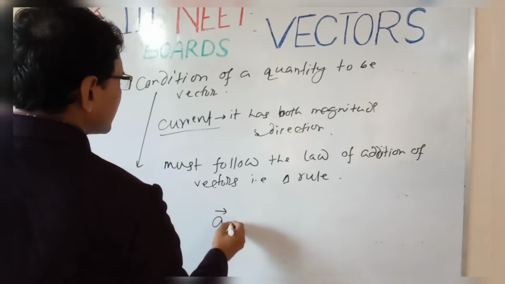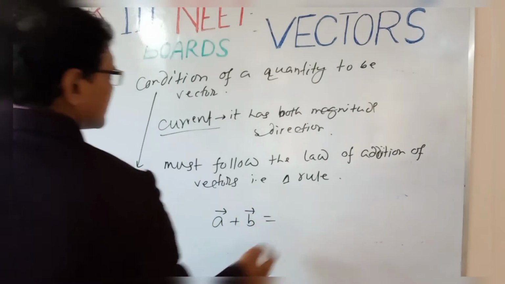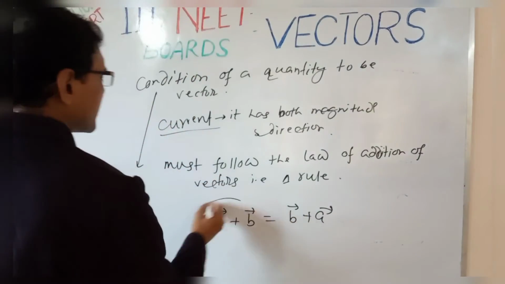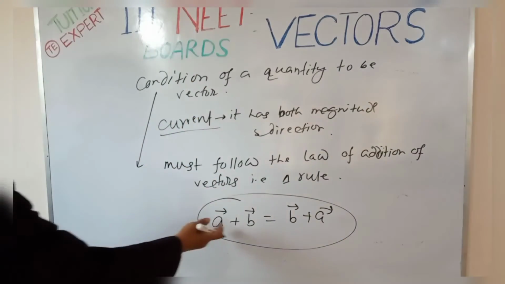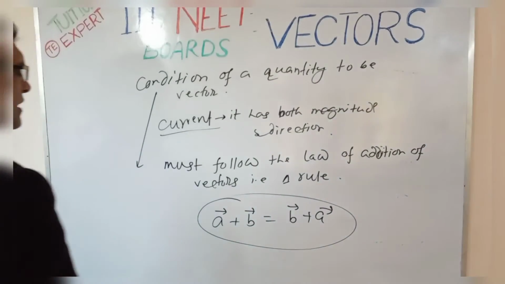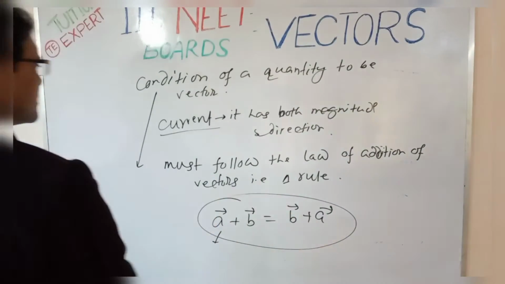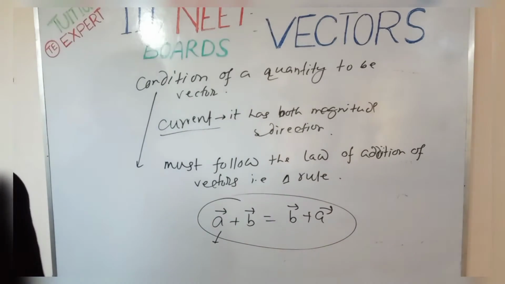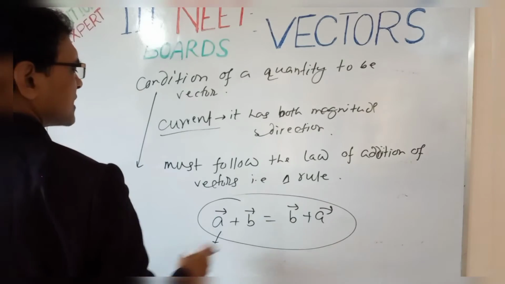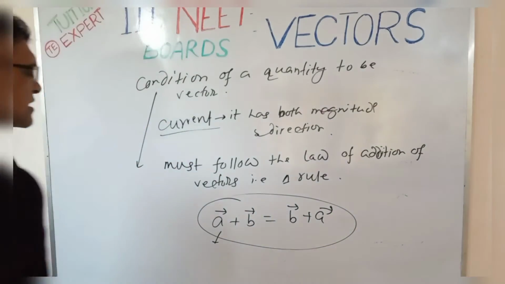Suppose a vector A and another vector B, if this is satisfied, this property is called the commutative law of vectors. If this is satisfied, then we can say that this is a vector quantity, and a vector must follow the law of addition of vectors, that is triangle rule, parallelogram rule, etc.